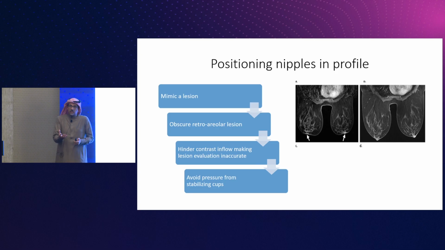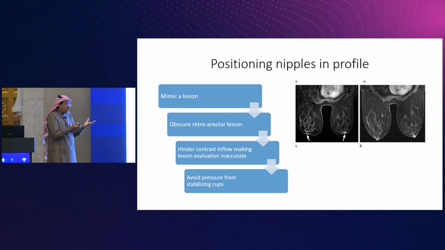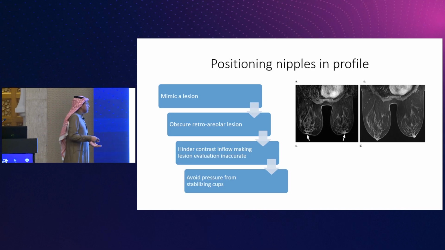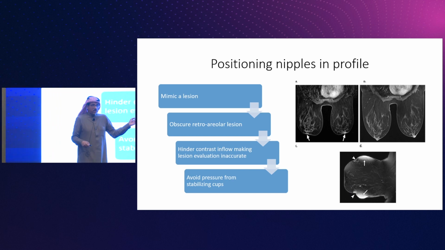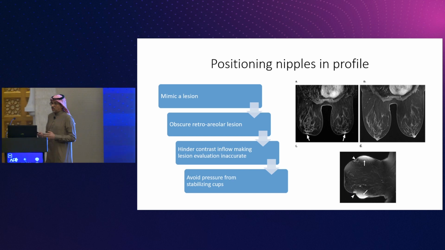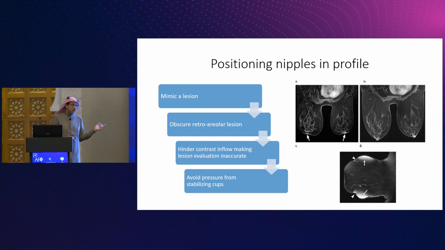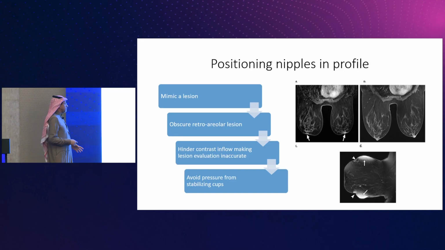You know that in some machines they provide a cup to lift the breast up a little bit. But be careful not to cause this problem. When you have it this way, it means the cup is pushing. It's not only elevating, and that will cause an inhomogeneous fat suppression.